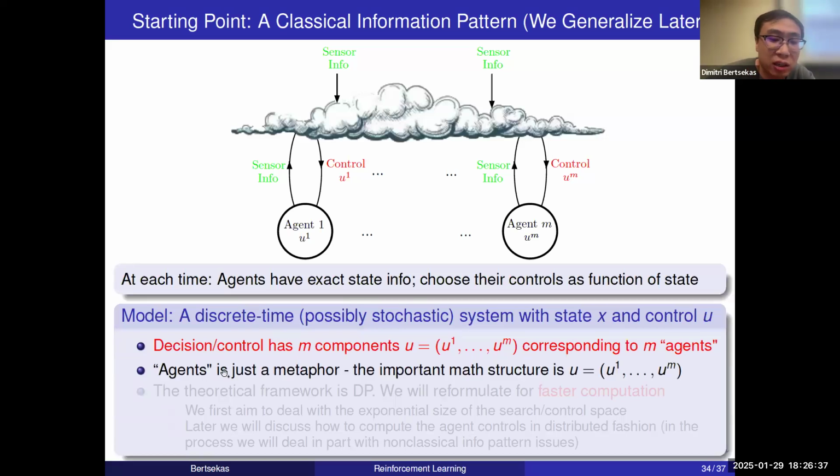Note that the agent here is just a metaphor. The important thing is this mathematical structure, that the collective control is composed of different components that we need to select simultaneously. For example, each agent can be located physically in a different location.